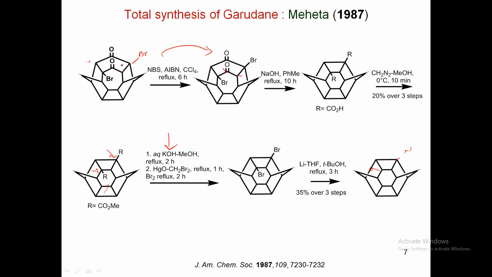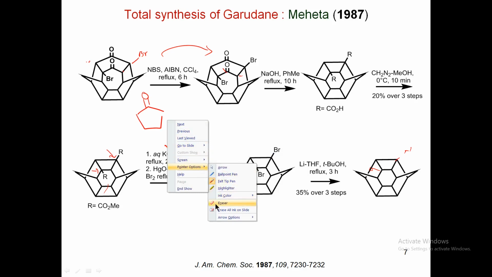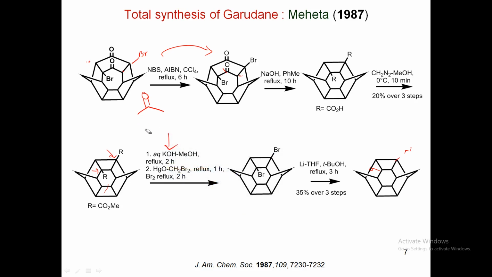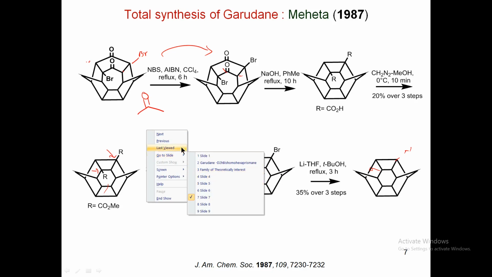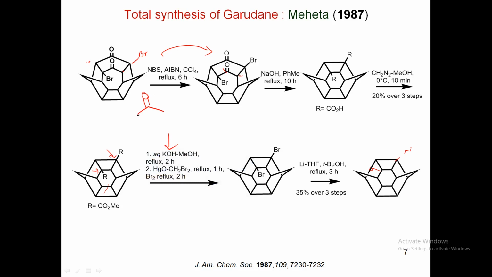Let's say I am just writing this 7-membered ring. So here on one side we have two.